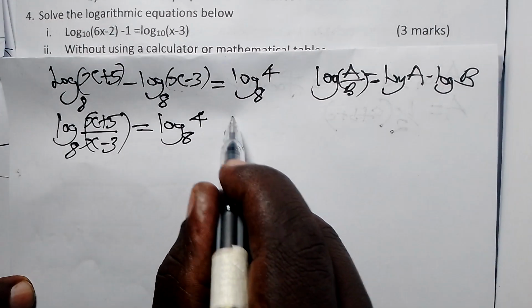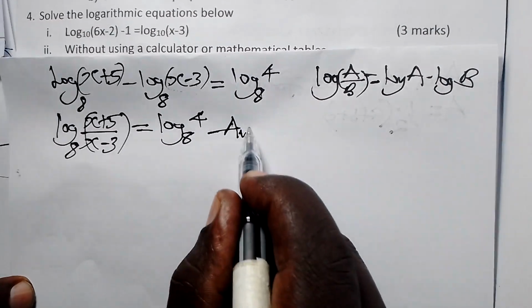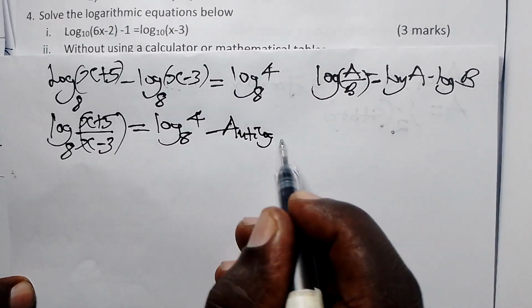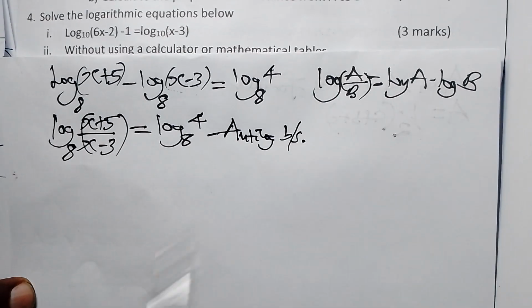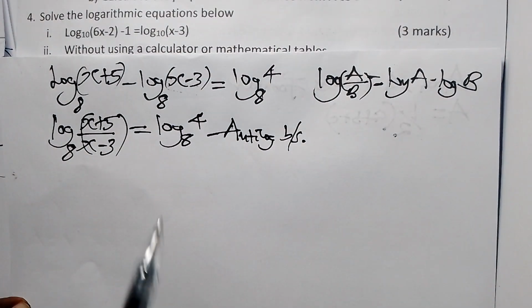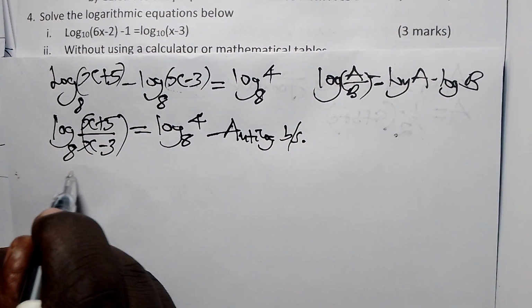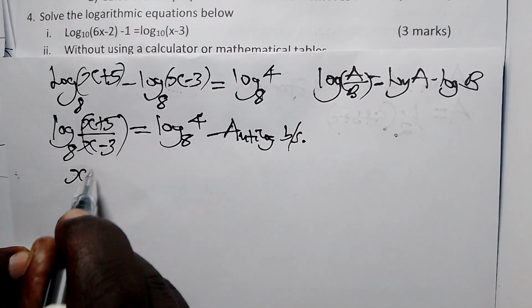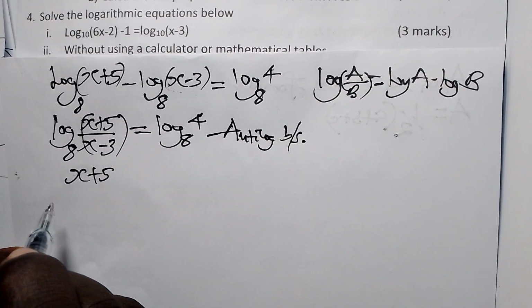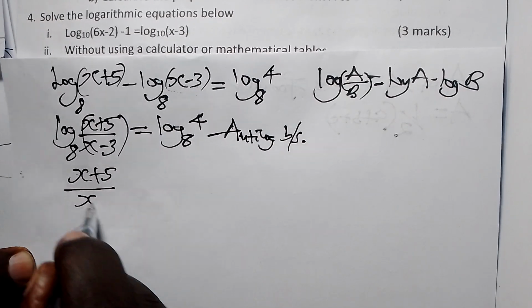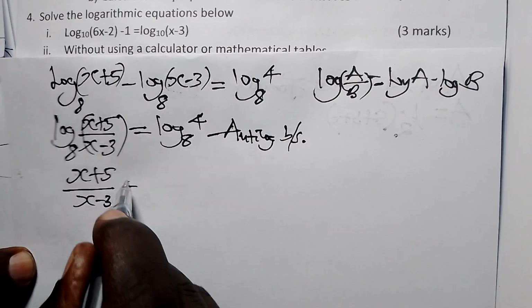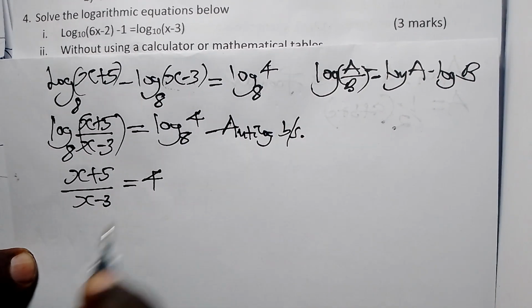So we take the antilog on both sides. We're going to get (x plus 5) divided by (x minus 3) to be equal to 4.